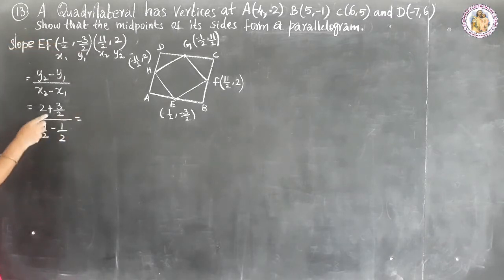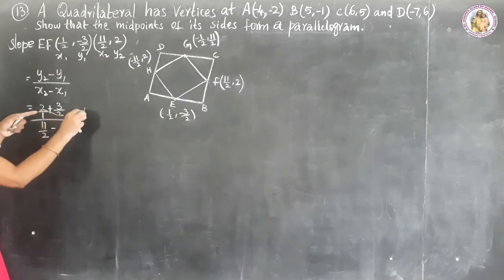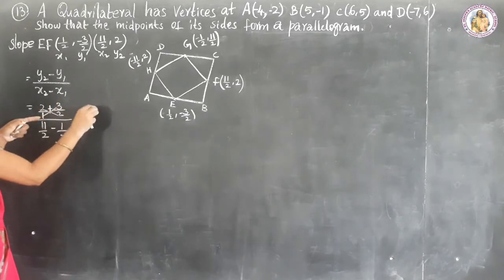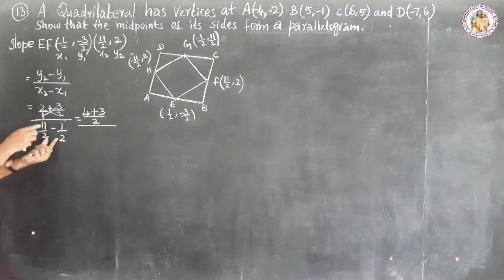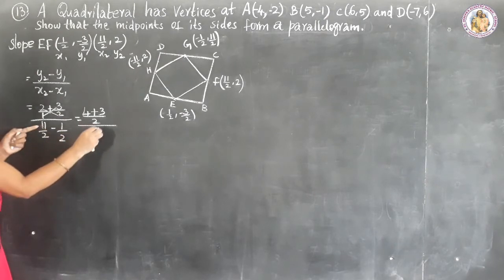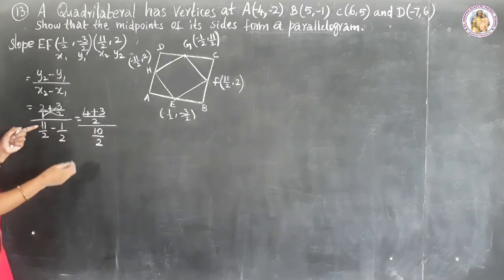In the next step, here 2 is a whole number and 3 by 2 is a fractional number. So to make it even, cross multiply: 2 twos are 4 and plus 3, 1s are 3, by 2, divided by, here, 11 by 2 minus 1 by 2. So 11 minus 1 is 10, 10 divided by 2.